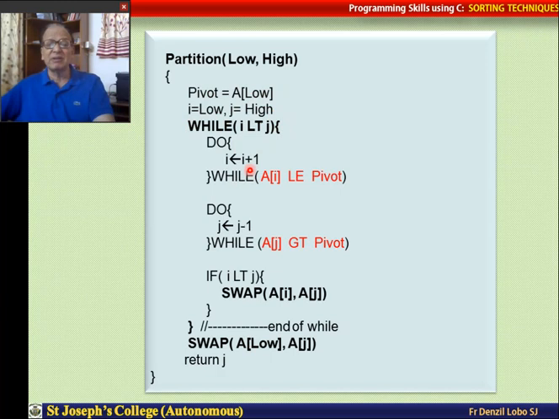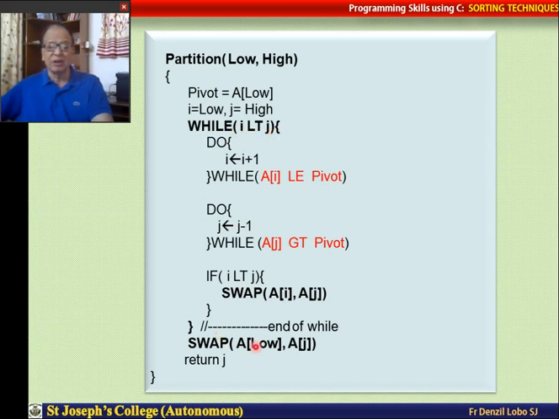So I increment the value of i as long as a[i] is less than pivot. Similarly, I decrement the value of j as long as a[j] is greater than pivot. The moment we find these two places, when i is less than j, I exchange those two numbers as we saw. And then you go on doing this till i crosses j, or i becomes greater than j.